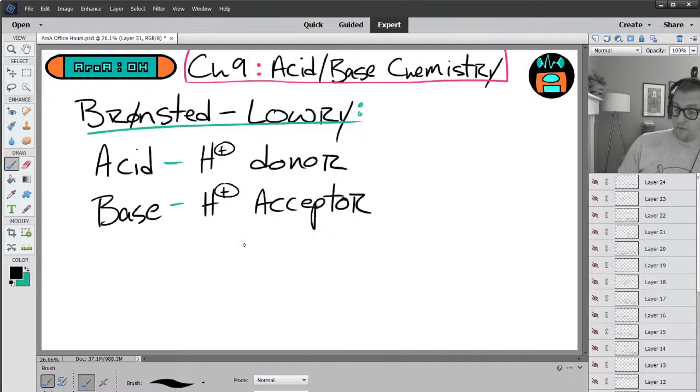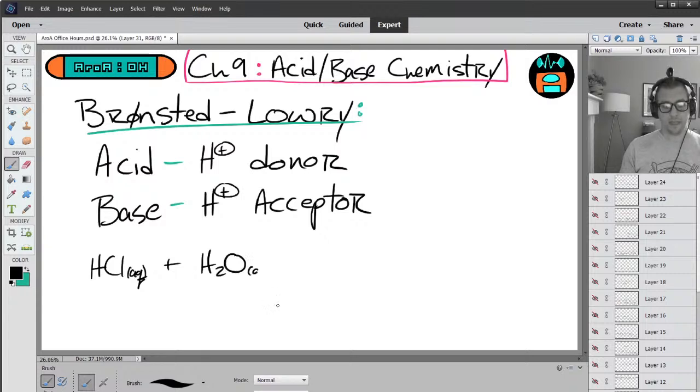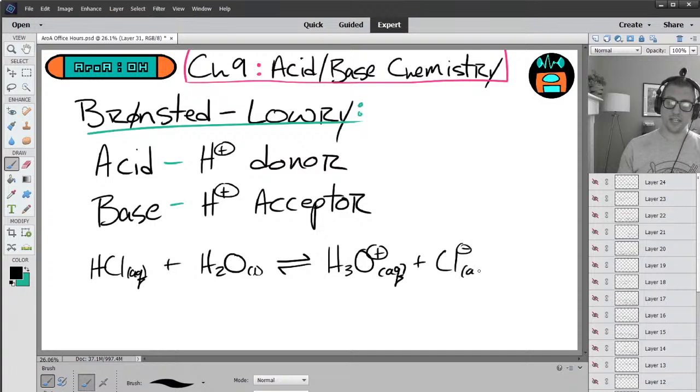All right, so for example, if I gave you a chemical equation like the following, and asked you to identify the acid and the base on the reactant side, you would need to use the Bronsted-Lowry definition. All right.